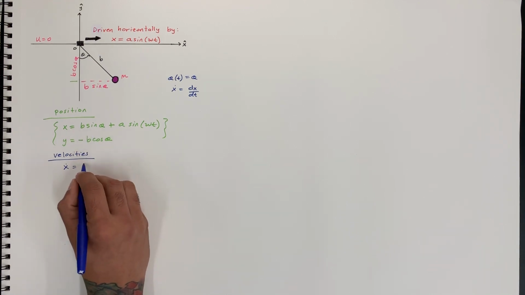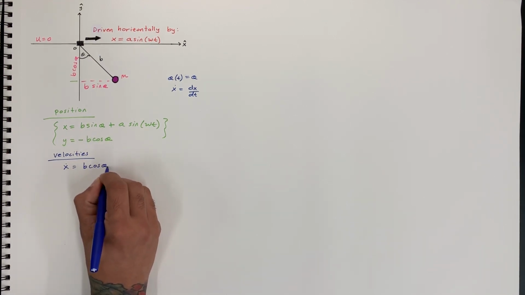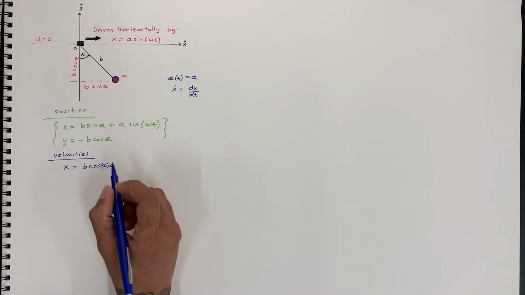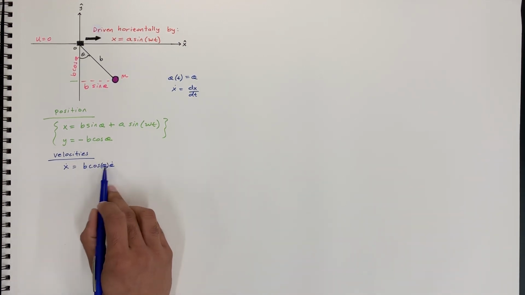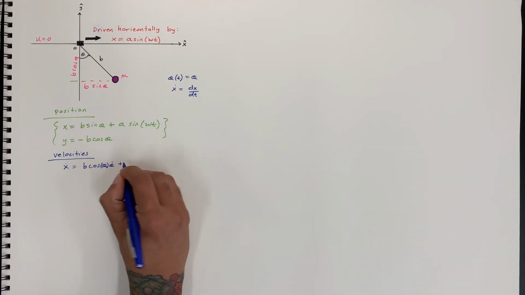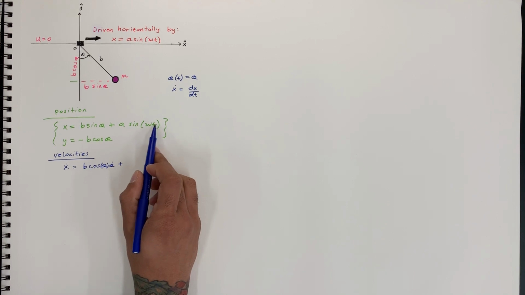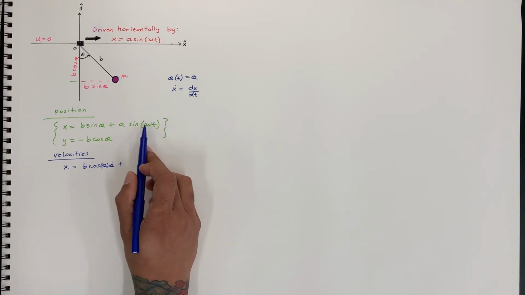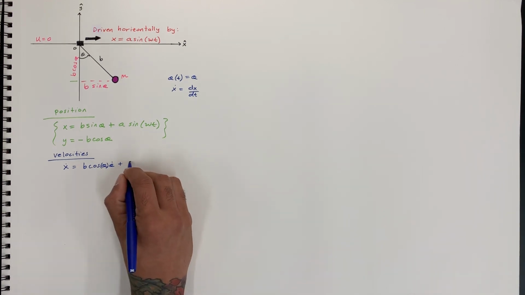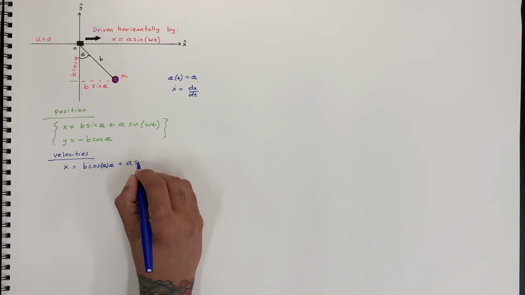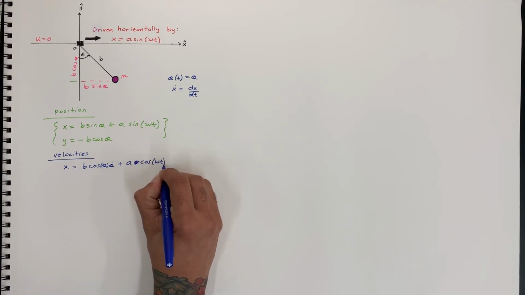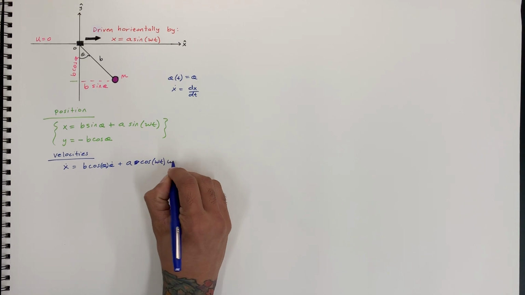So the derivative of sine is going to be cosine theta, theta dot. Remember that the theta dot is outside of the cosine. And we have here plus this omega t. We need to take the derivative of this because of the time, and so a cosine of omega t times omega.